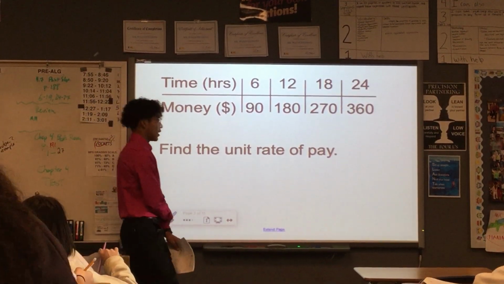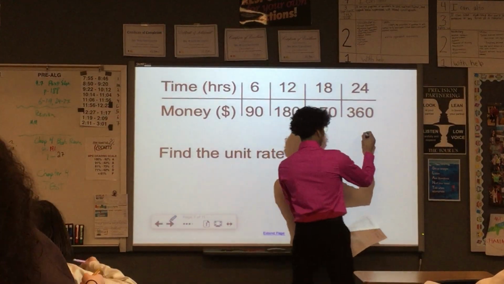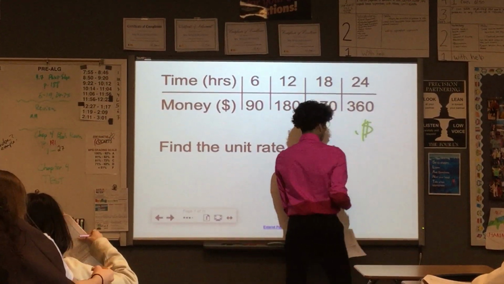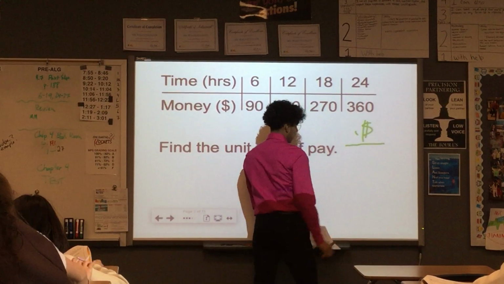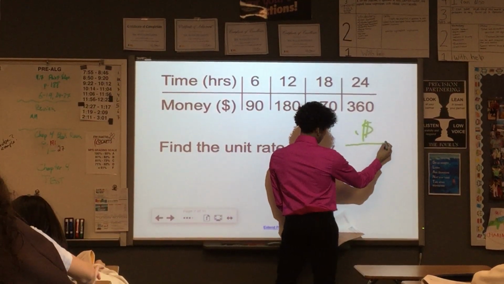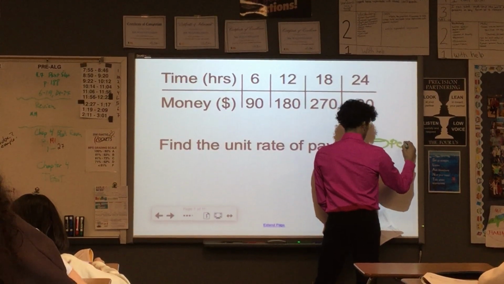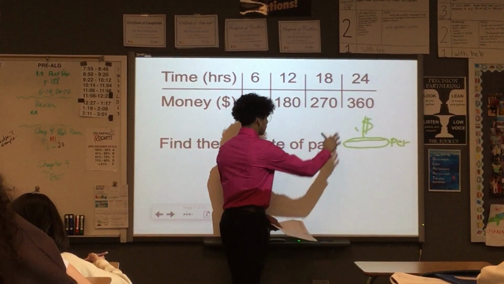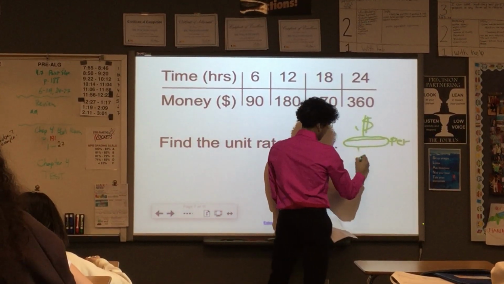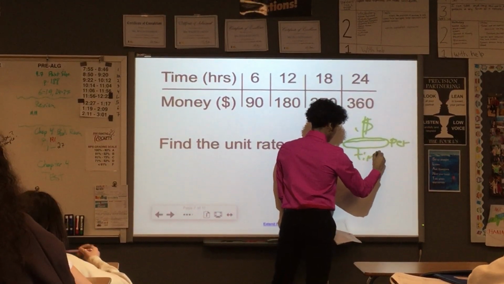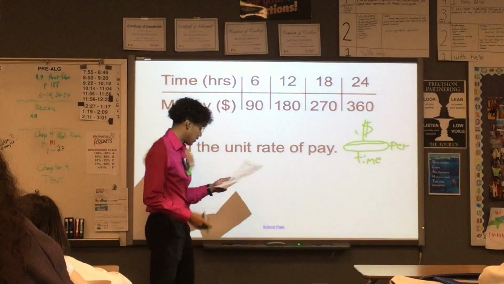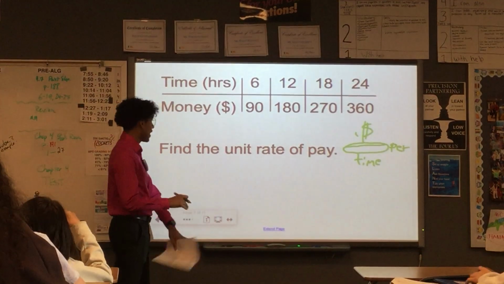All right, remember what I said earlier, where usually money goes on top. And this line, usually it's going to mean per, all right? So money goes on top, and then you have time at the bottom, for the most part. So, do we have anything on this?